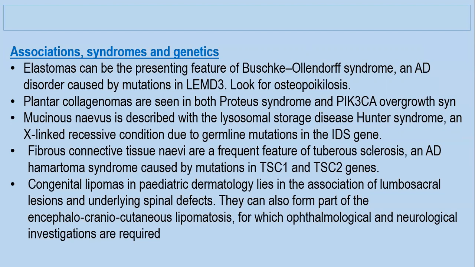Then mucinous nevi are described with lysosomal storage diseases like Hunter syndrome, which is an X-linked recessive condition due to germline mutation in the IDS gene. Fibrous connective tissue nevi are frequent features of tuberous sclerosis, which is an autosomal dominant hamartomatous syndrome caused by mutation of TSC1 and TSC2 genes.